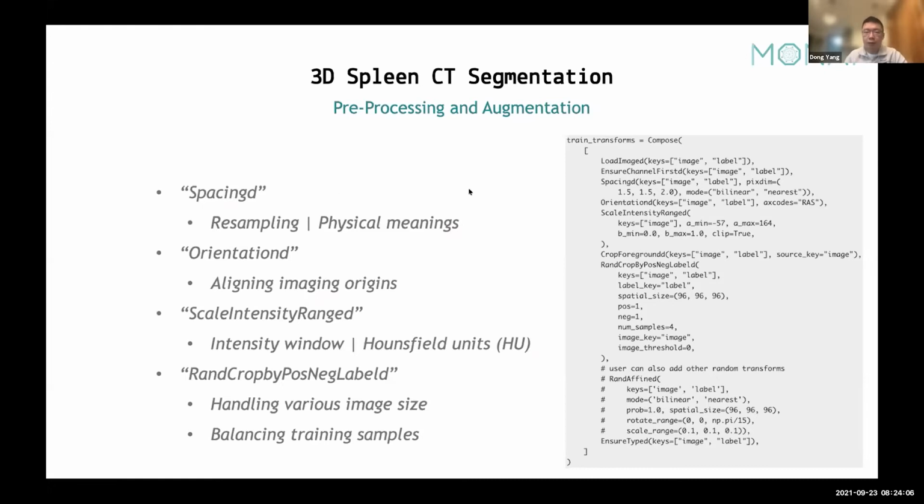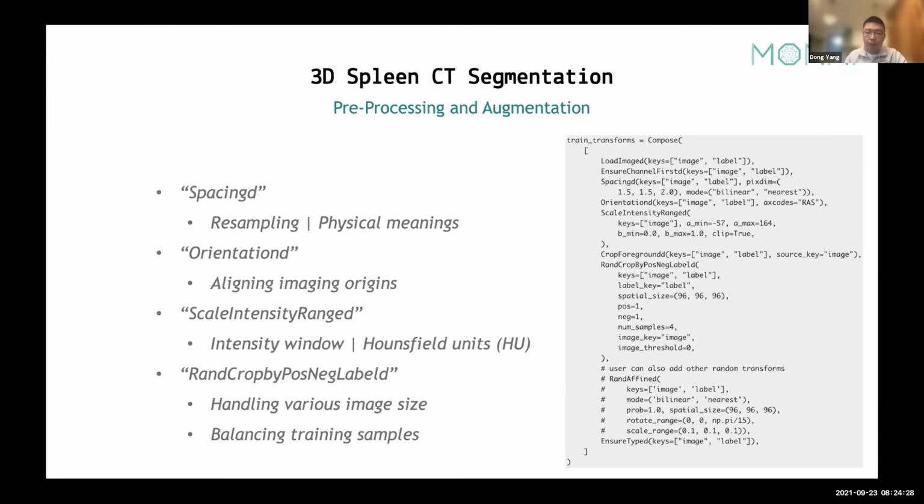You can see here in the setting, we're resampling it towards 1.5, 1.5, 2.0 millimeter spacing. So why do we do that? We want to simplify the application for the segmentation model and make the model easier to learn.